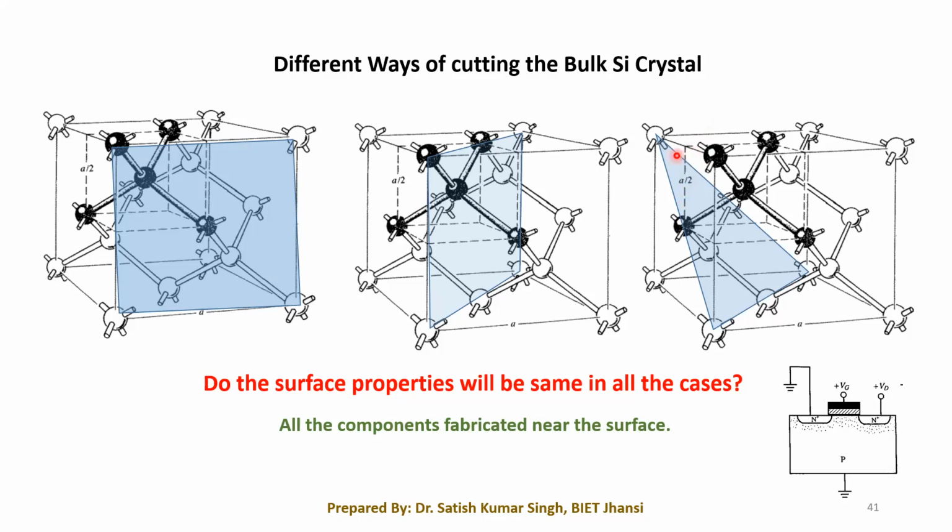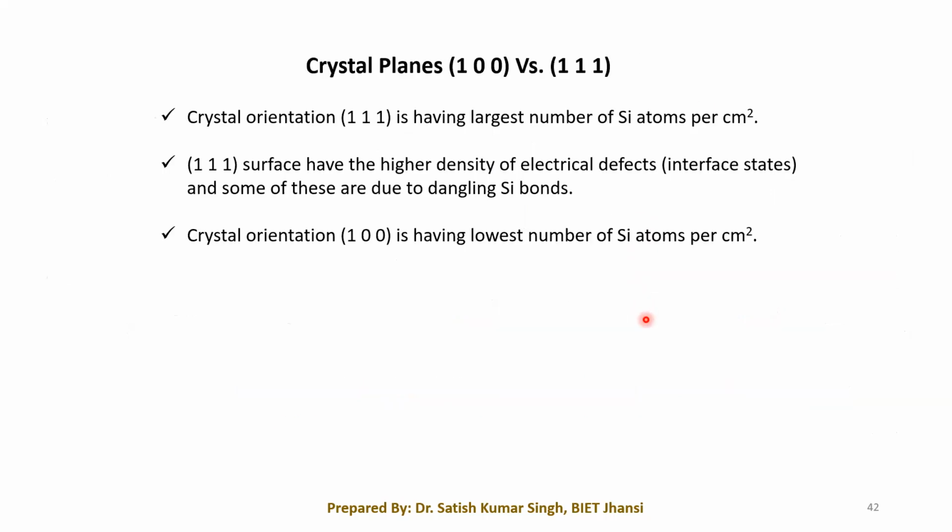So that's why this 111 surface has the largest number of silicon atoms per centimeter square, and it also has the largest number of dangling silicon bonds, floating bonds.